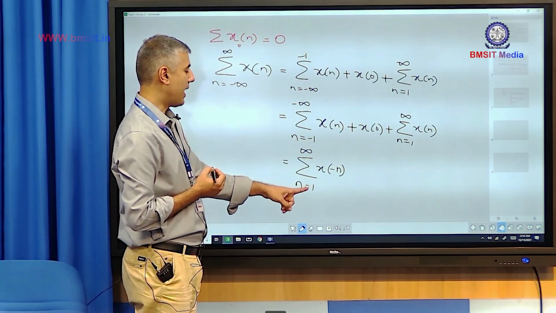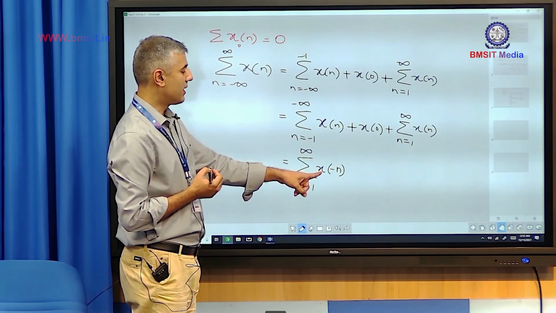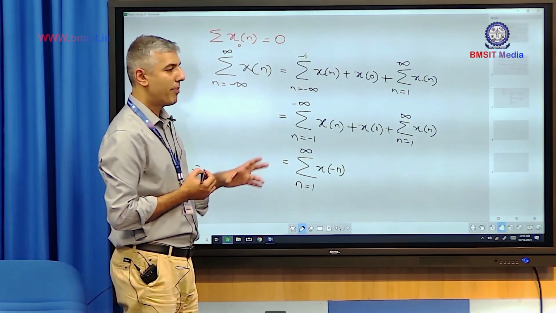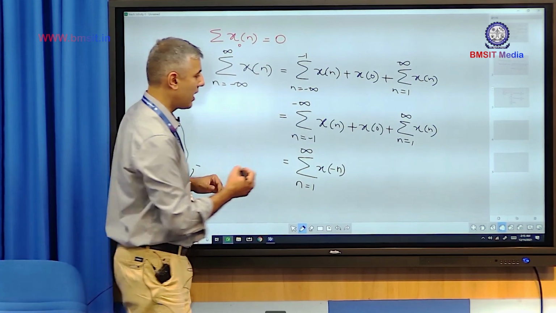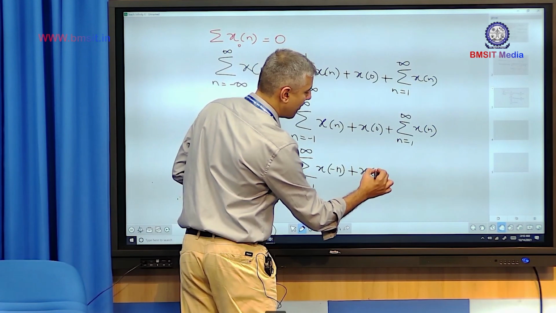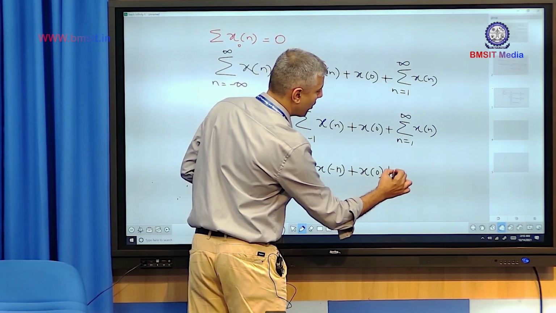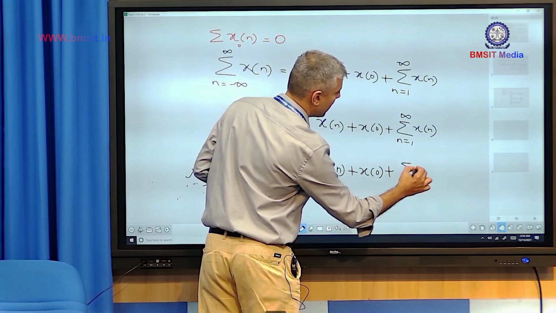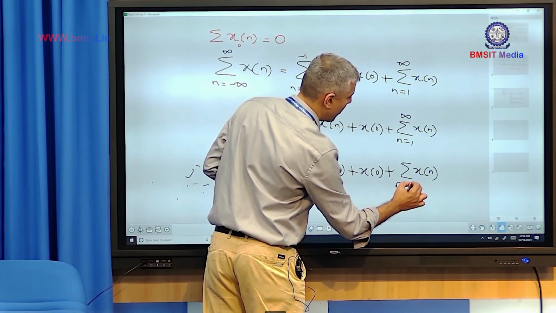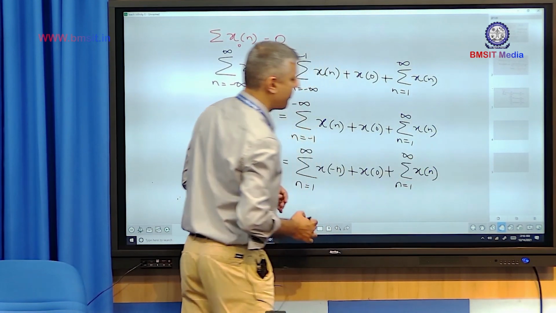So at n is equal to 1, this is x of minus 1. The meaning is not changed, but the terminologies are suitable for our further operation. So I shall have x of 0 here, and I am not going to change the last term. This will be as it is, x of n, with n is equal to 1 to infinity.